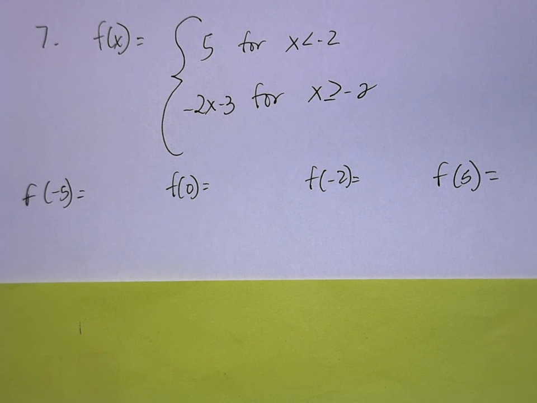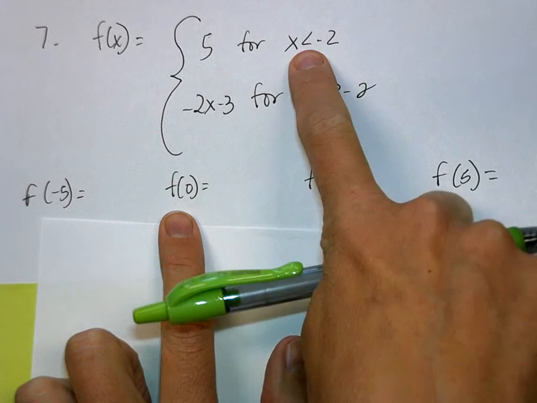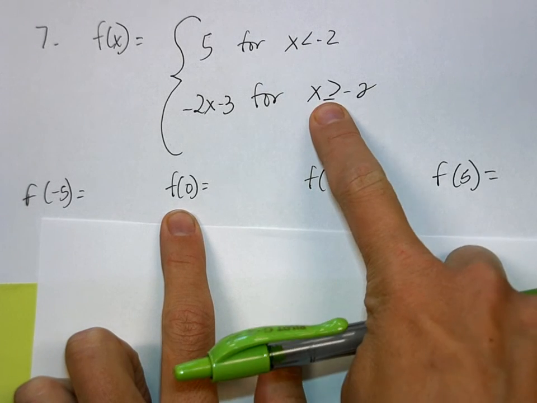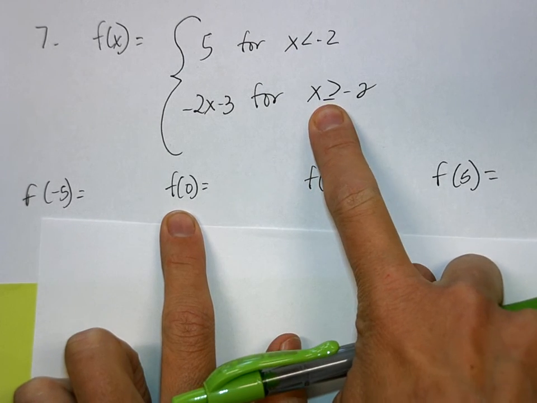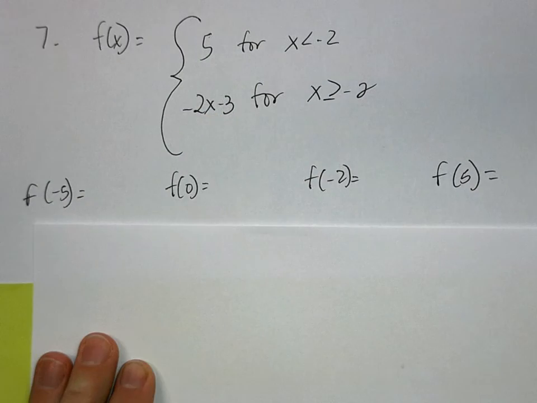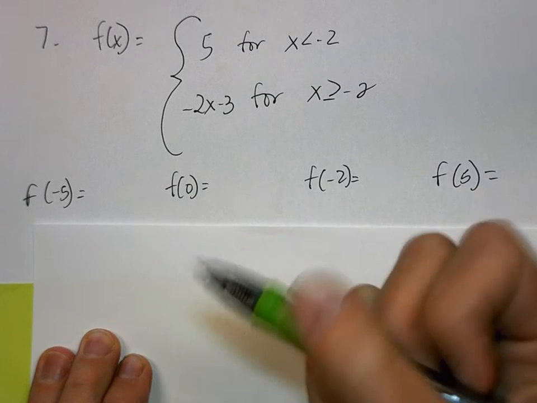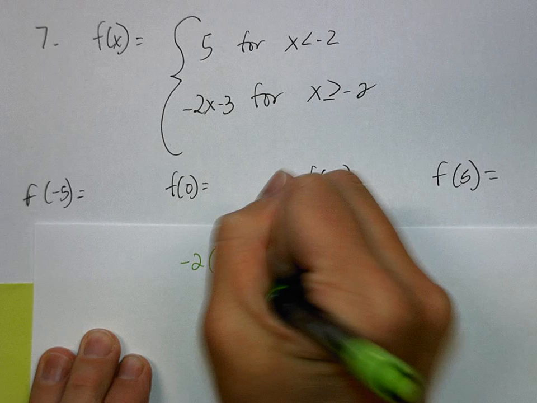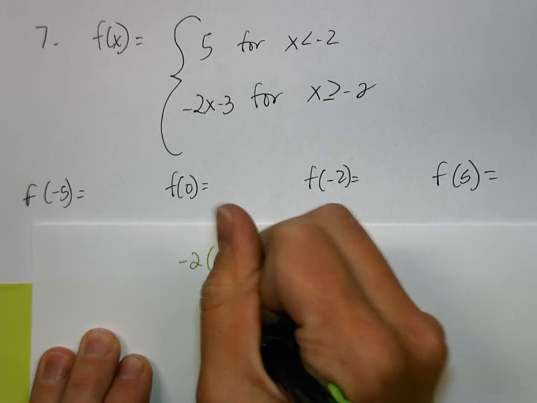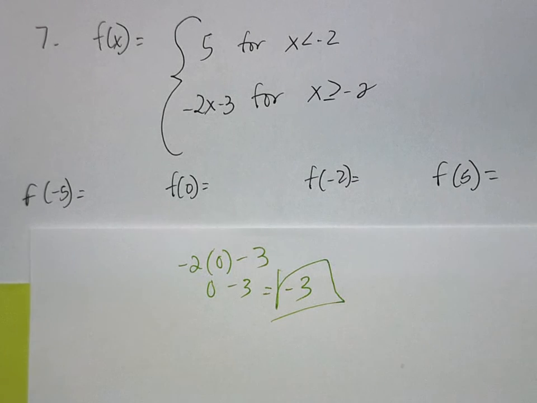The first thing you have to do is decide where 0 fits in. Is 0 less than -2 or is 0 greater than -2? Greater than or equal to -2. So that means I'm going to plug in 0 into this equation, because that's where 0 fits in. So I plug in and I have -2 times 0 minus 3. -2 times 0 is 0. 0 minus 3 equals -3. So that is my answer.